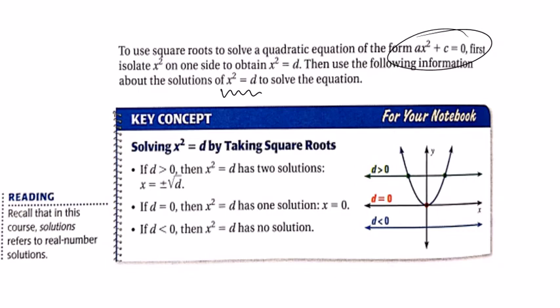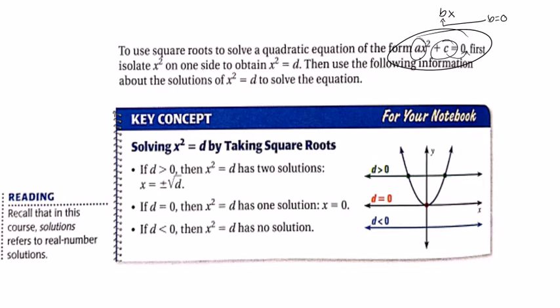One thing to note here is that your b term, your bx, in this case b equals 0. So I am not going to see that x term. So I'm going to be able to subtract whatever c is, move it to the other side, and then divide by whatever a is. Alright, and I'm going to get this x squared equals d equation, and then I'll be able to take the square root.